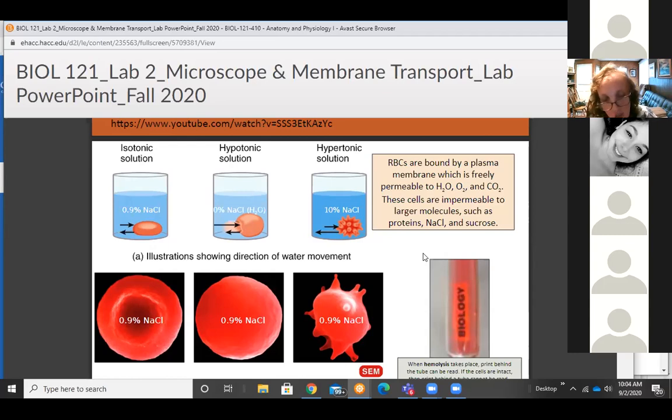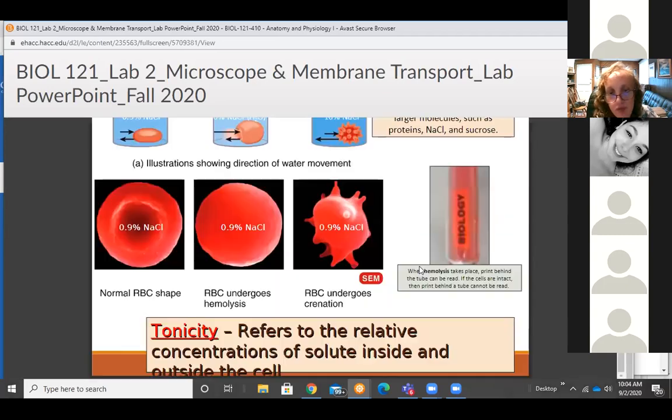Yeah, so it's the same tonicity as the rest of the cells of your body. And so it's not going to cause your cells to either get lysed or undergo crenation and shrink. So tonicity refers to the relative concentrations of a solute inside and outside of the cell.